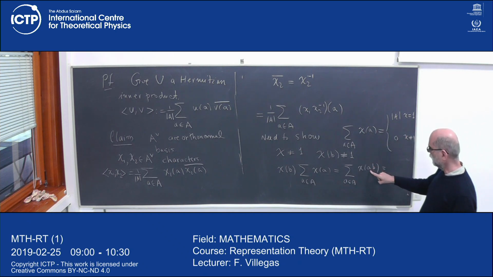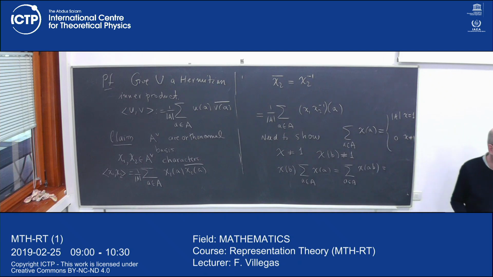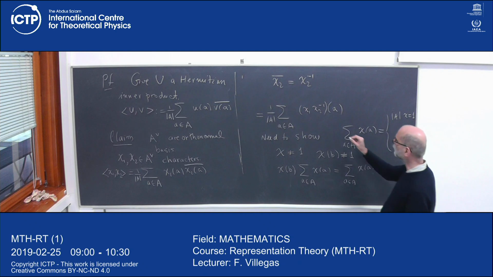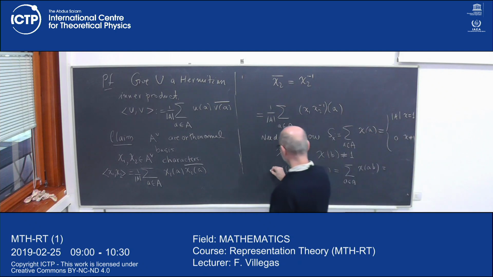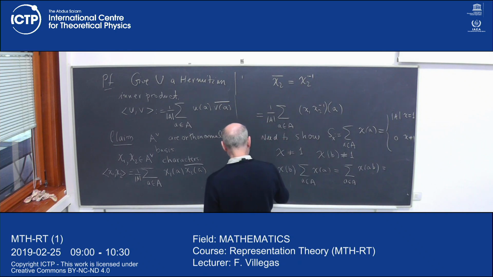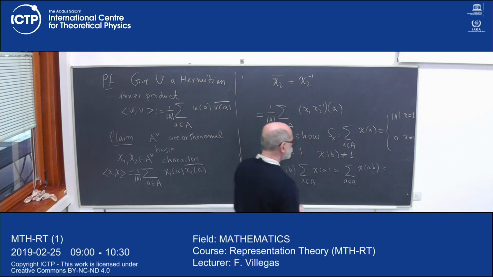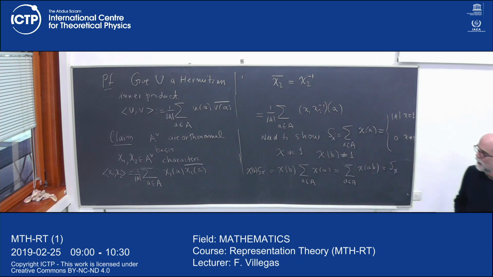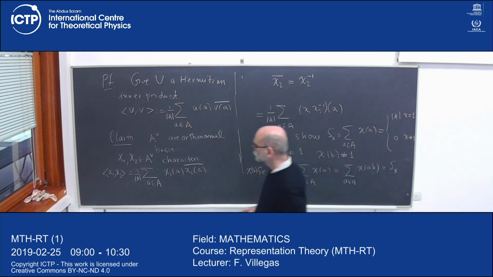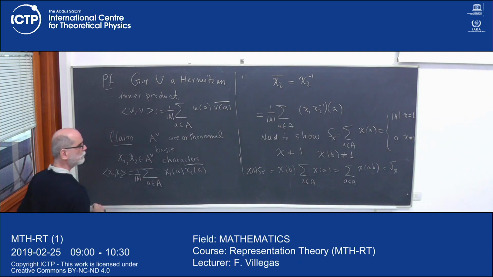And A times B runs over the same whole group A, so this is the same. So we call this sum S. Then chi of B times S of chi is equal to S of chi again. And since chi of B was not equal to 1, then S would have to be 0.